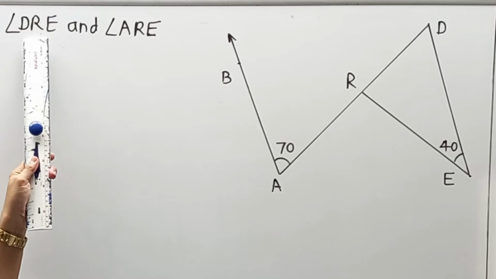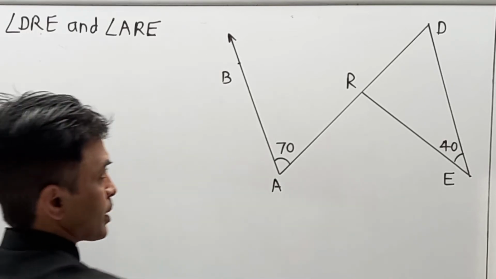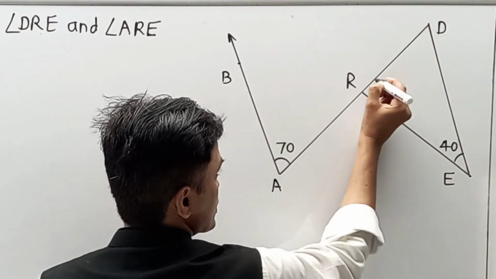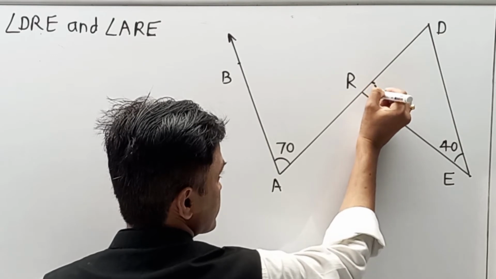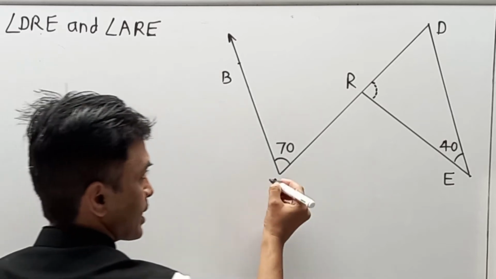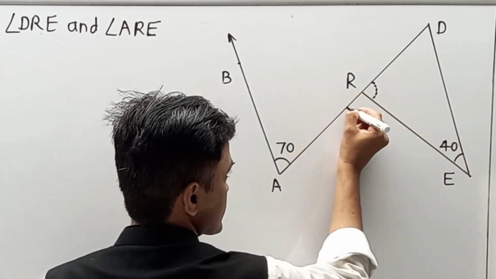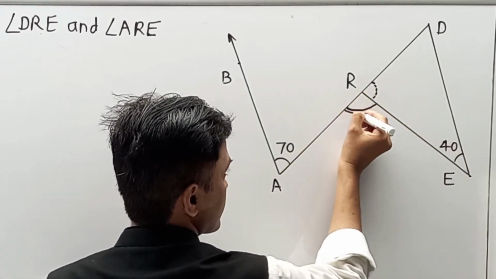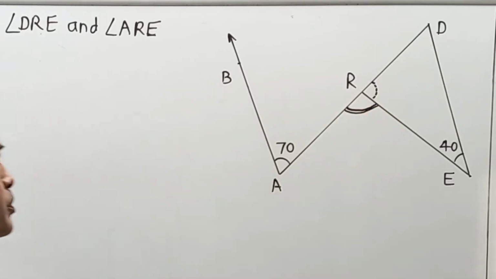Find the measure of angle DRE. So DRE means we are interested to find this angle. And angle ARE means this angle. These two angles we are supposed to find using the information given in the diagram.